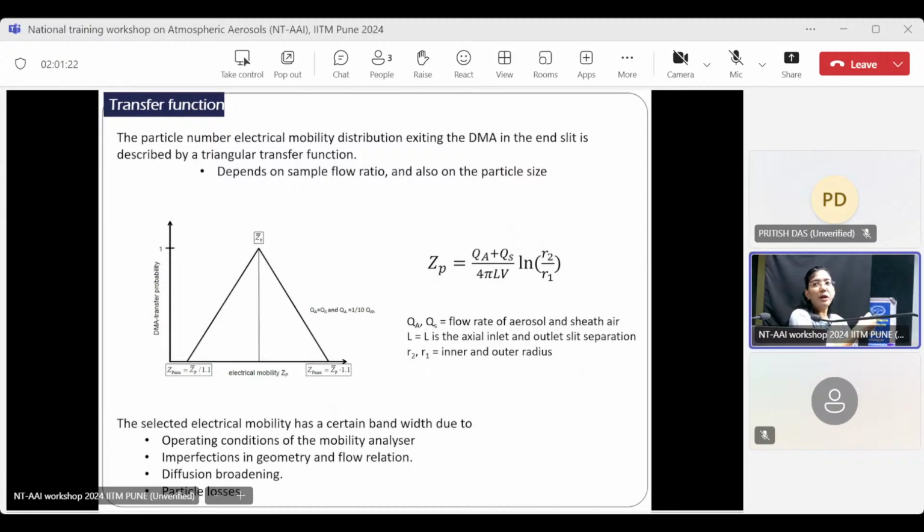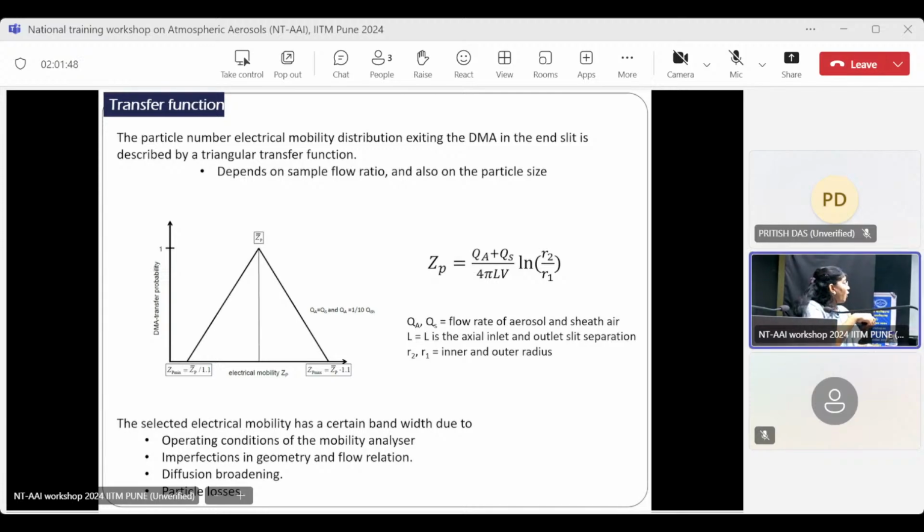First of all, a distribution or range of mobilities of particles are coming, and those mobilities also have different peaks, like multiple. So you need to know the transfer function to correct for this, and also you need to know the multiple charge correction to get the accurate number size distribution.